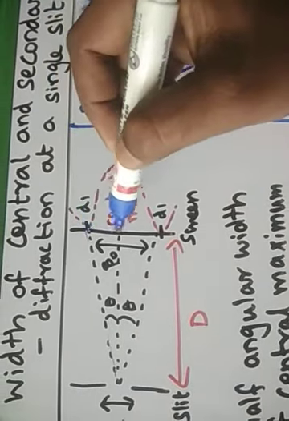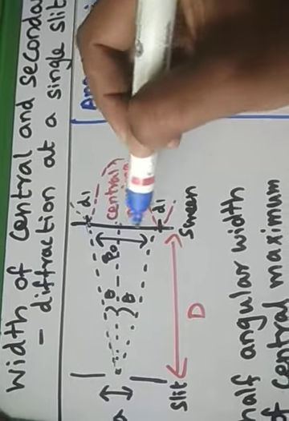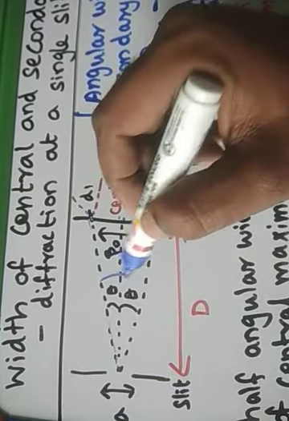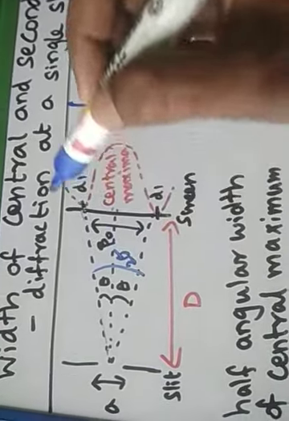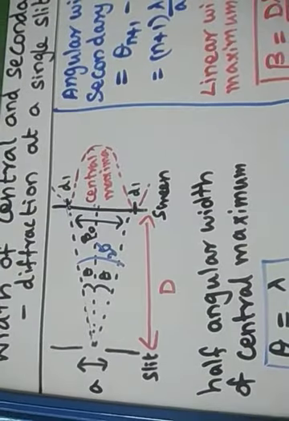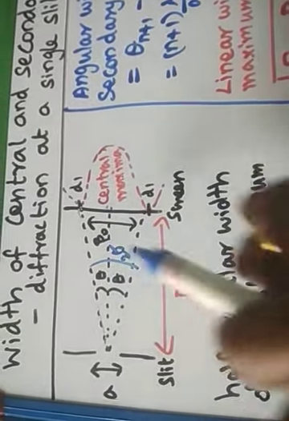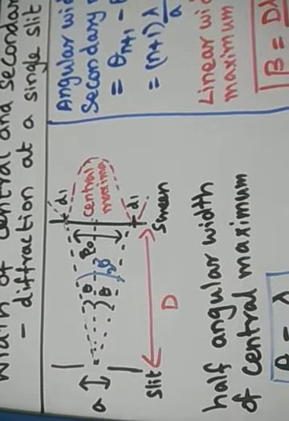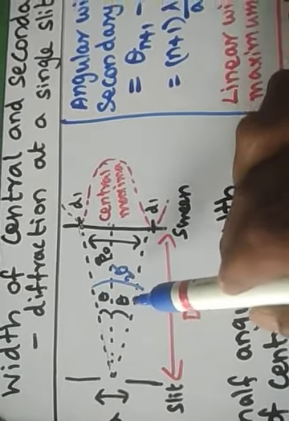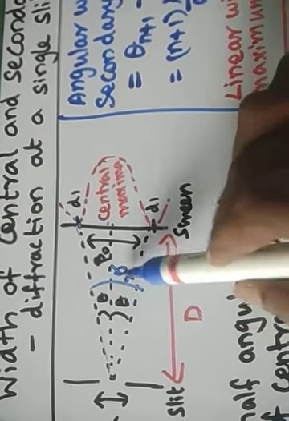This is the half central maximum, another half central maximum. This total 2 theta is the angular width of the central maximum. First we have to find theta and multiply by 2, we get 2 theta.